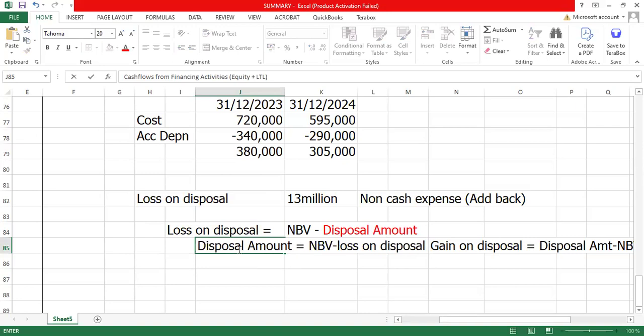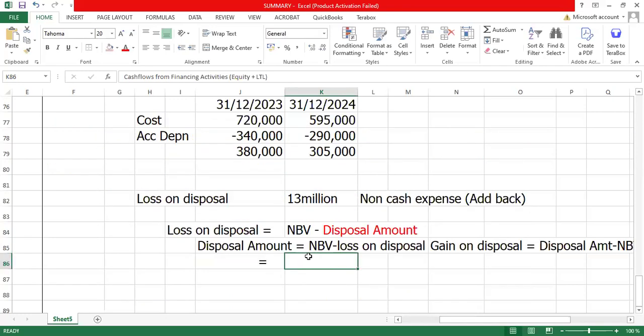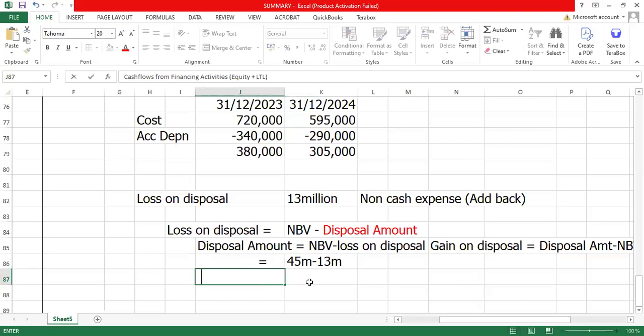Yes. Because I need a disposal amount. In the question, rather than a disposal amount, you're given a net book value, and net book value was 42 million, minus the loss on disposal, which is 13 million. So finally, the disposal amount will be how much? That is 29 million.